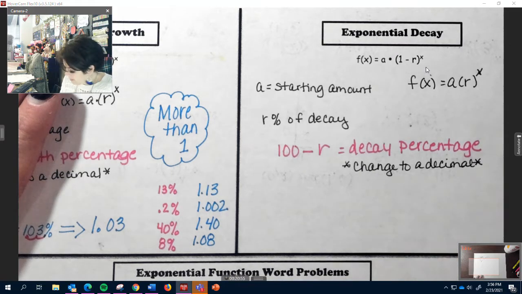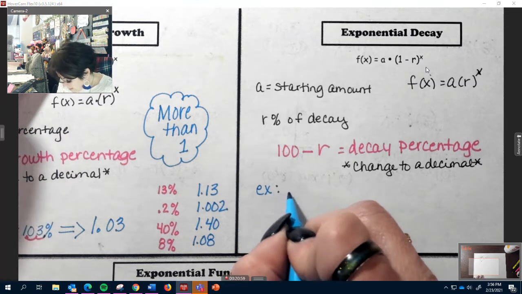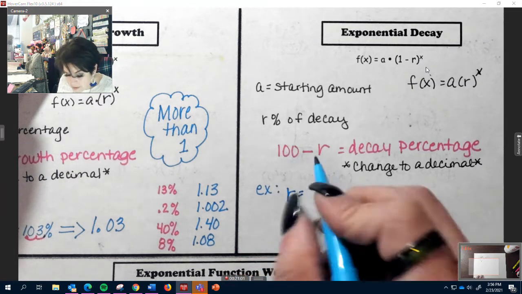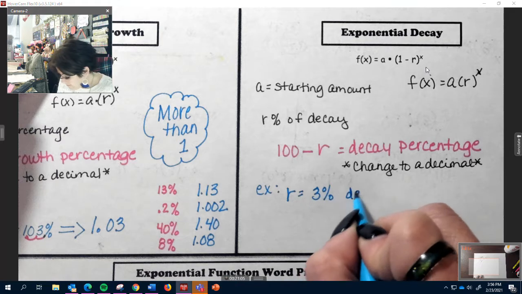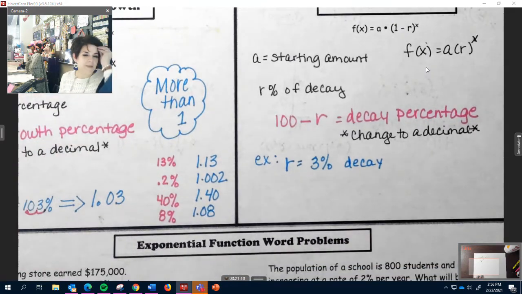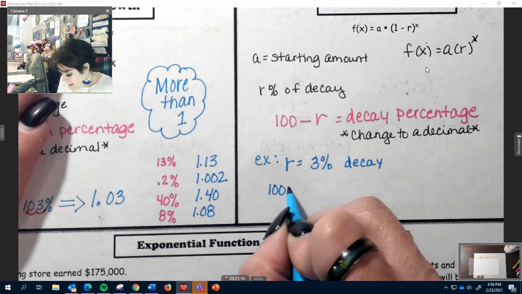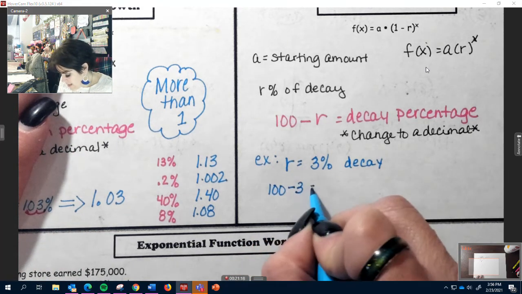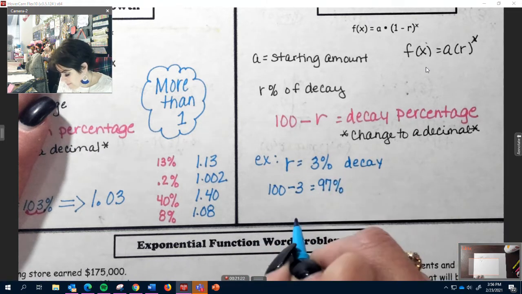All right, so let's do another example. Let's do R equals 3% again, but this time let's do decay. So that means I'm going to be less than 100% because I'm decaying away. I'm going to do 100% minus 3%. 100 minus 3 is 97%.